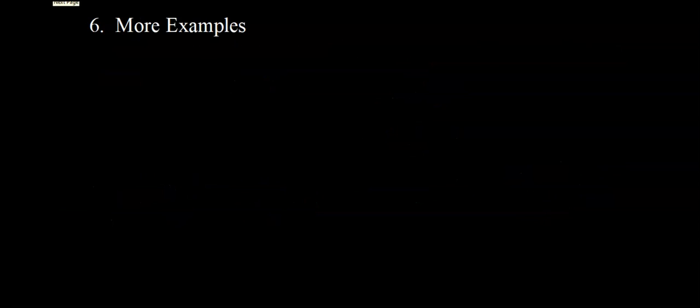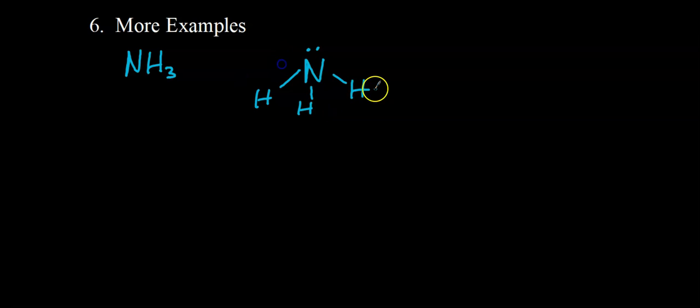All right, this is not in your notes, but I want to take a look at a different example. Let's look at ammonia. We'll start off with the Lewis structure. How many electron groups are around the central atom in nitrogen?